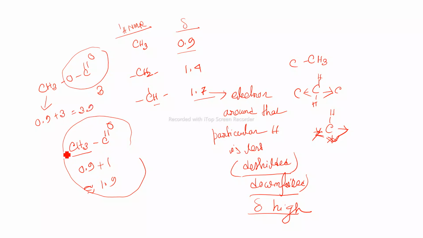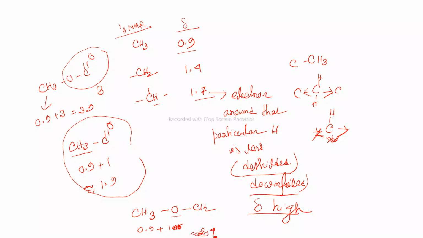So you can easily differentiate whether it is attached with oxygen, with a keto group. And if a normal oxygen is there, like an ether bond, then this value should be 0.9, and the ether group has a value of around 1.